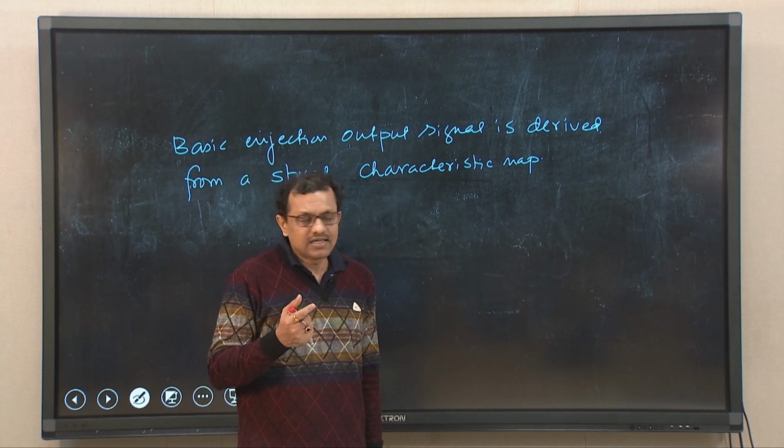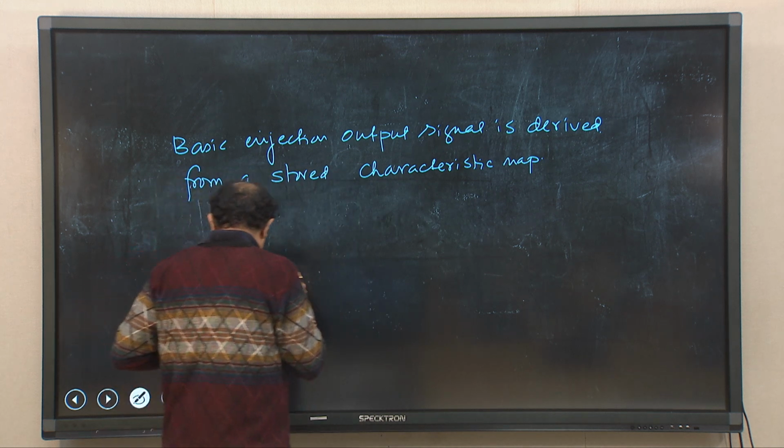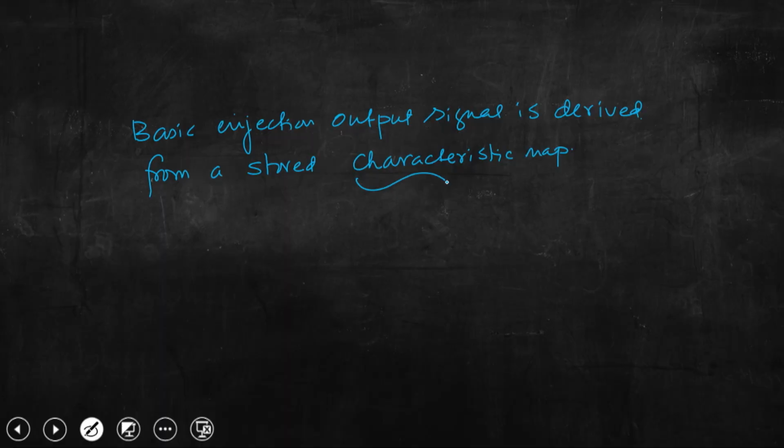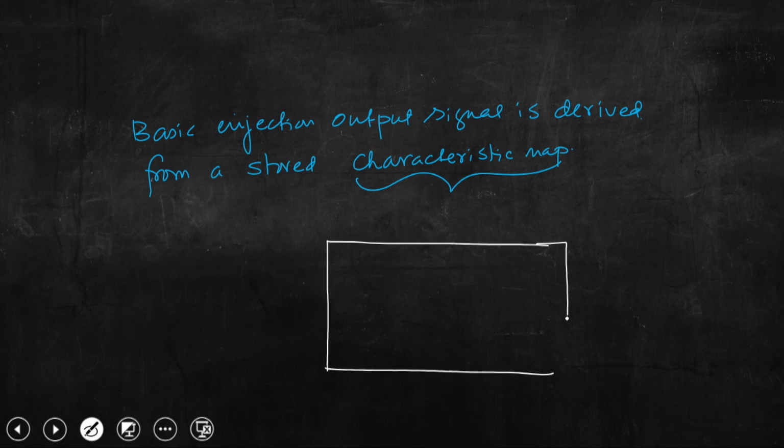So, let me tell you once again, this characteristic map forms a part of the read only memory chip in the ECU. So, this map is already stored. Now, in this map essentially, if I just try to describe it here, this is the characteristics map.